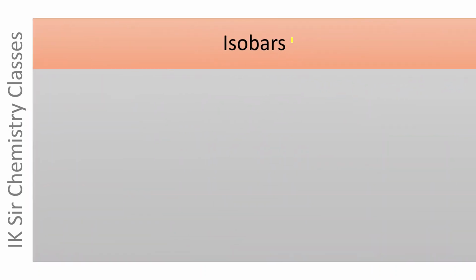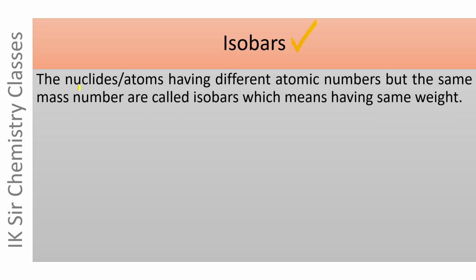And now the term isobars. The nuclides or the atoms having different atomic numbers but the same mass number are called isobars, which means having the same weight.